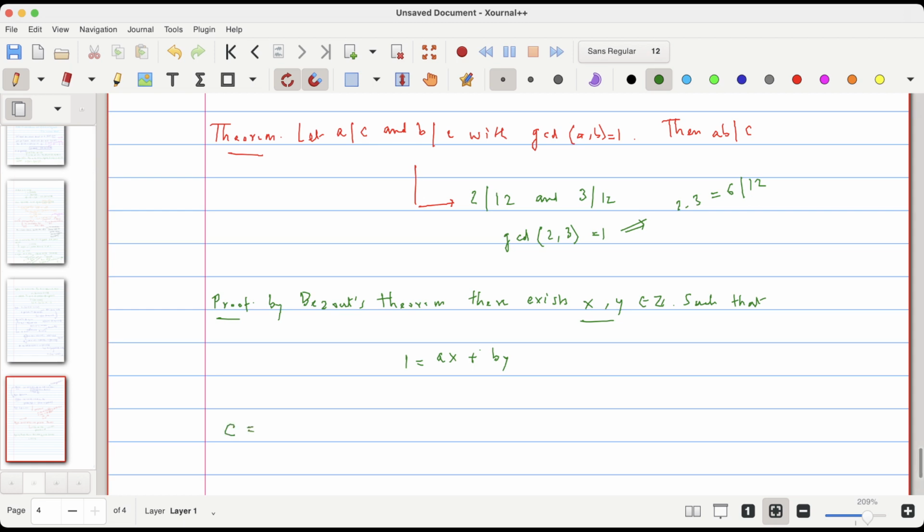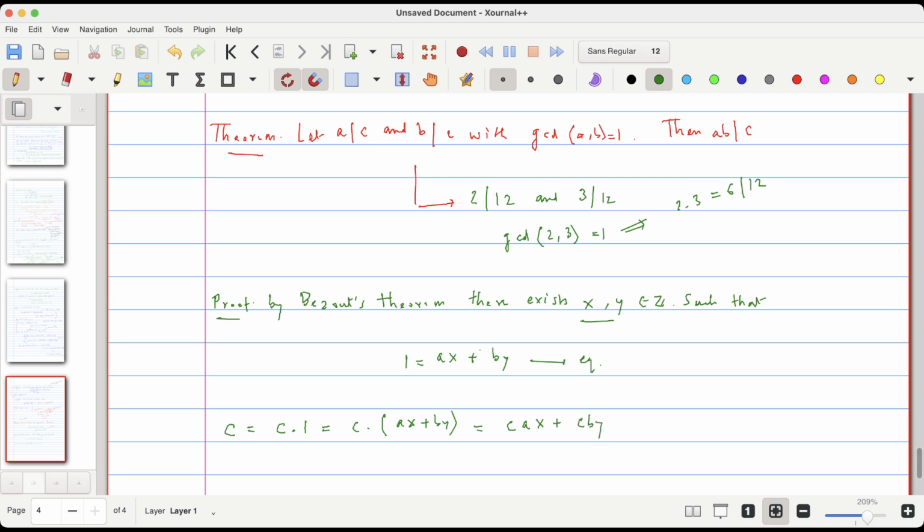We know that we can write C as C times 1, and we can write 1 from this equation as ax plus by, which means it is C into ax plus C into by.